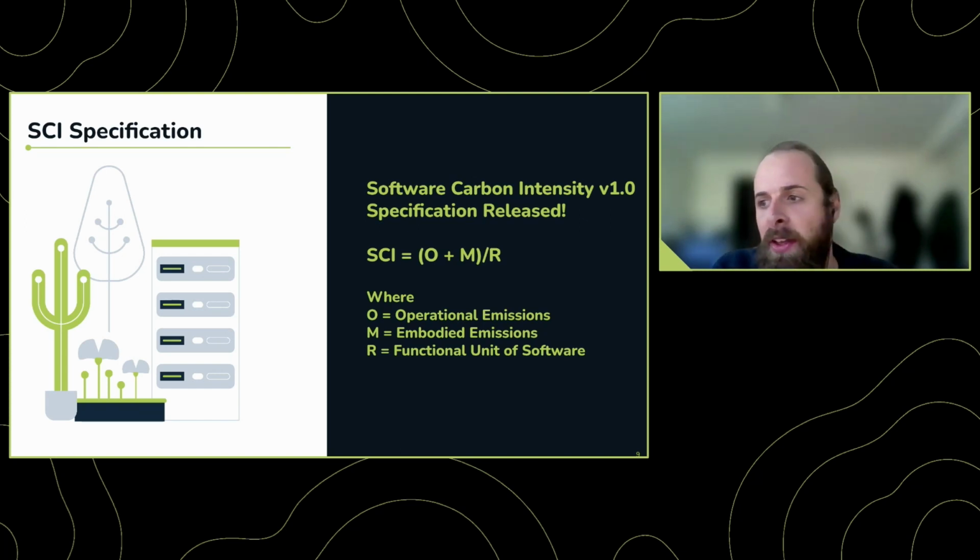So we're looking at the full range of emissions caused by that hardware. We really think that this approach is applicable to any type of application, whether that's console games, cloud applications, mobile applications, web applications, IoT, even software languages, potentially operating systems. So you can start to see that this can spread into many different areas of software development.